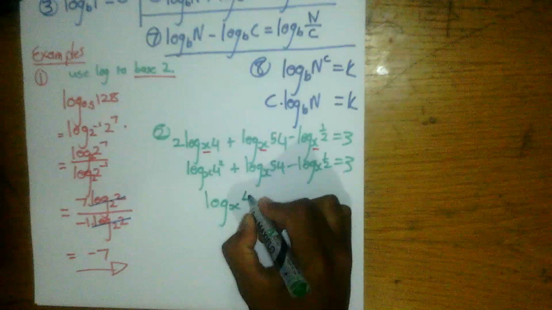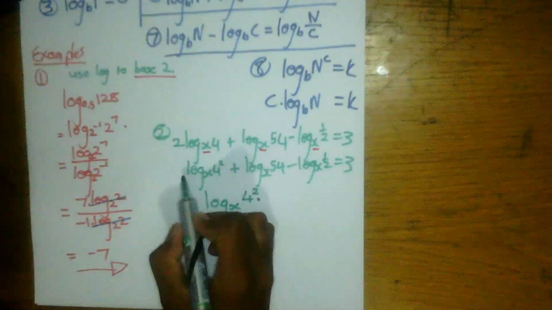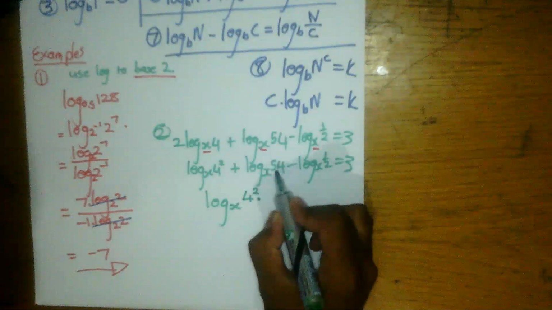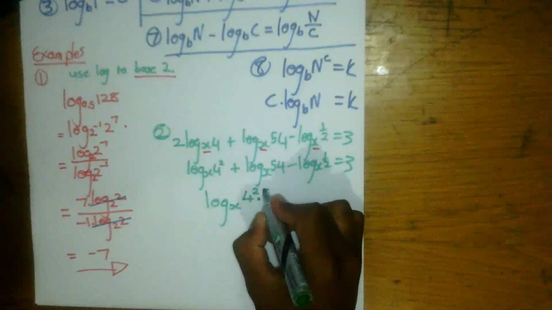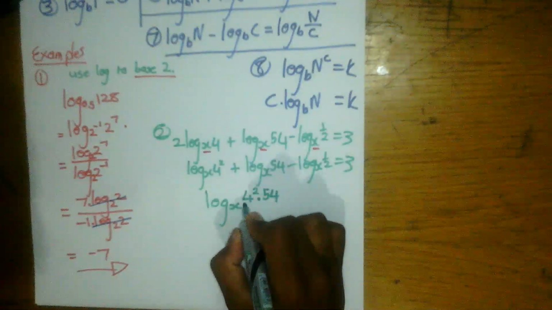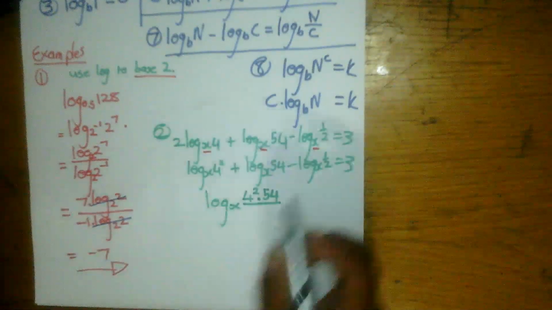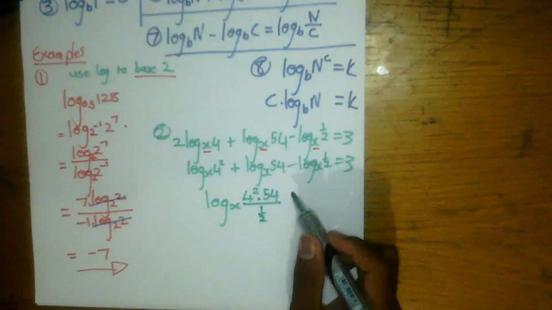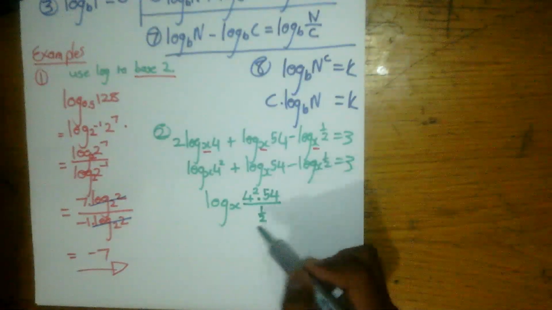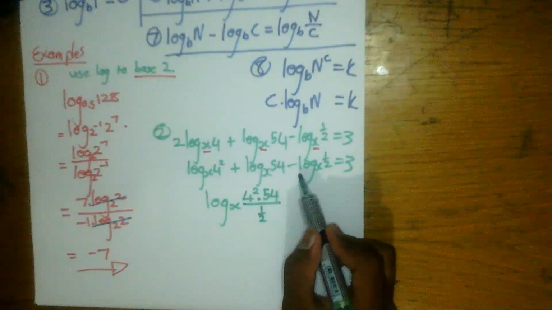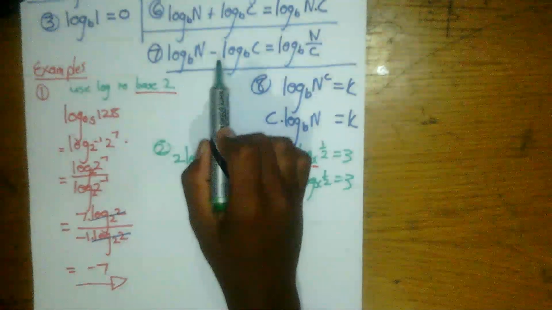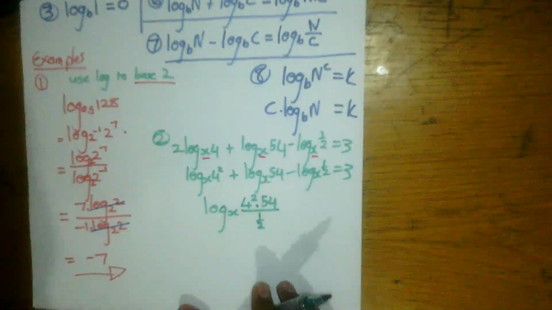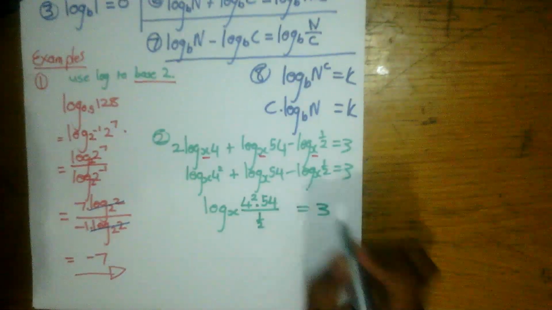So 4 squared is on top because there's a positive log in front. 54 is also positive, so we multiply with that, over 1 over 2, because this log is negative. The rule is telling us if it's negative, it goes under. If it's positive, it goes on top. This is equal to 3.